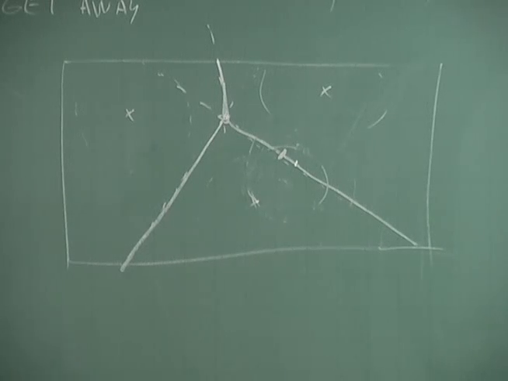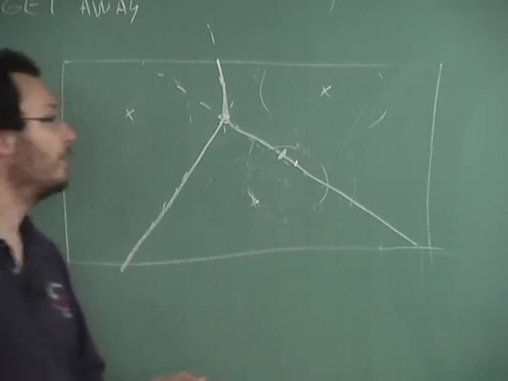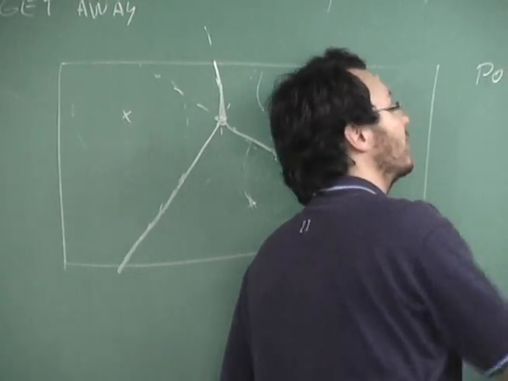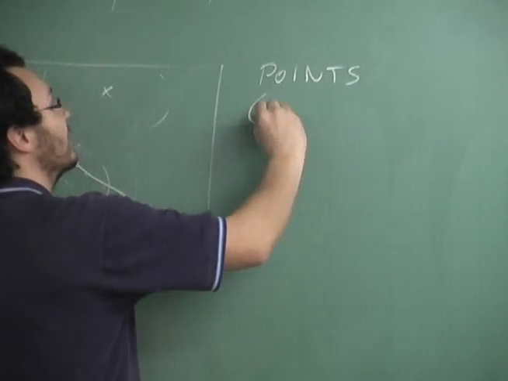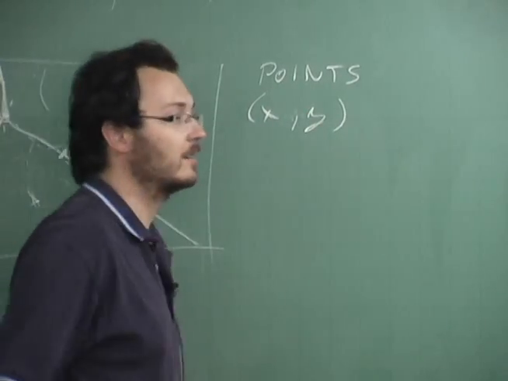Half-plane intersection in n log n is actually quite easily constructible because of the point-line duality. This is a little-known concept. Points can be represented by coordinates, well, if we are in a plane, of course, x, y.